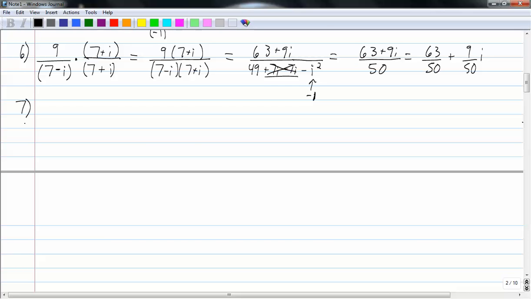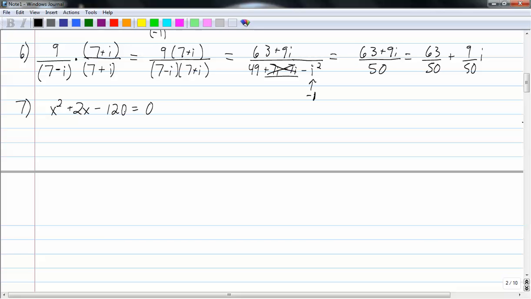Alright, number 7. Solve the equation by factoring. x squared plus 2x minus 120 equals 0. Alright, so this is a trinomial.